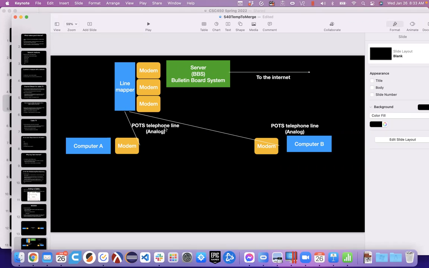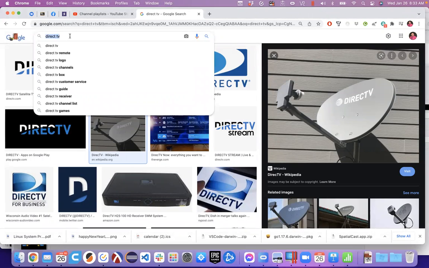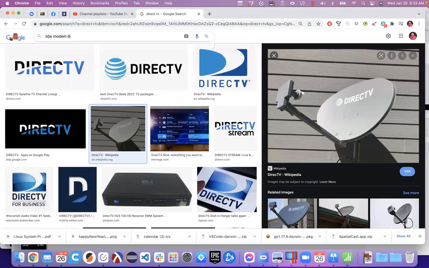So both of these guys were talking to this modem bank, which was connected directly into this server, so that the people running these computers could interact with each other, like in a chat room or something like that, on this server, by connecting to the server through their modem bank. Show you here. BBS modem bank.